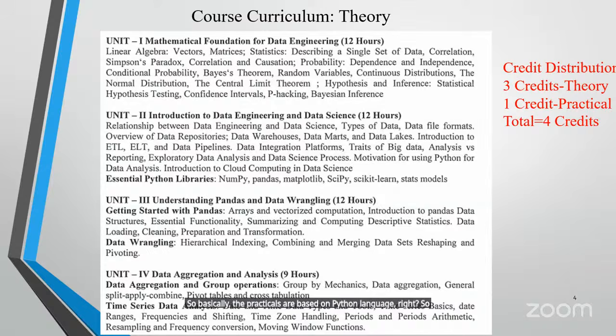We will be introducing various libraries like NumPy, Pandas, Matplotlib, scikit-learn, etc. Unit 3 and 4 are more of hands-on based experience in the sense that you will learn how to do data filtering, data cleaning, data wrangling, so that the data becomes easy to derive insights from and is ready for the data scientist to do the analytics part. So unit 3 and 4 are based around that data cleaning and data wrangling part.